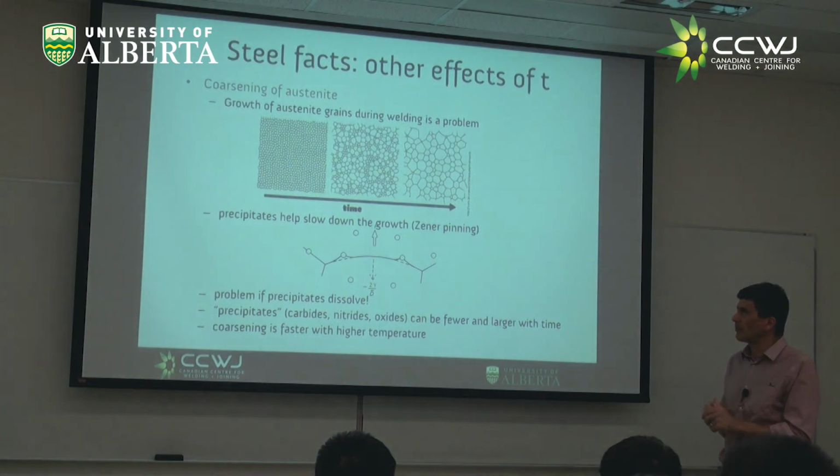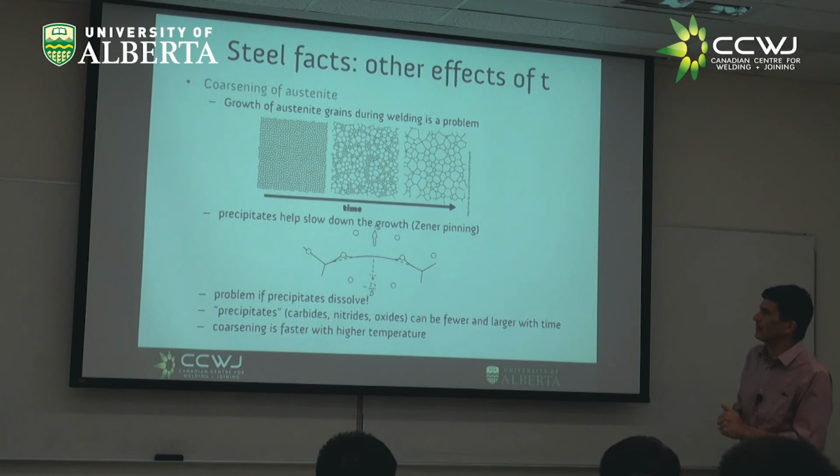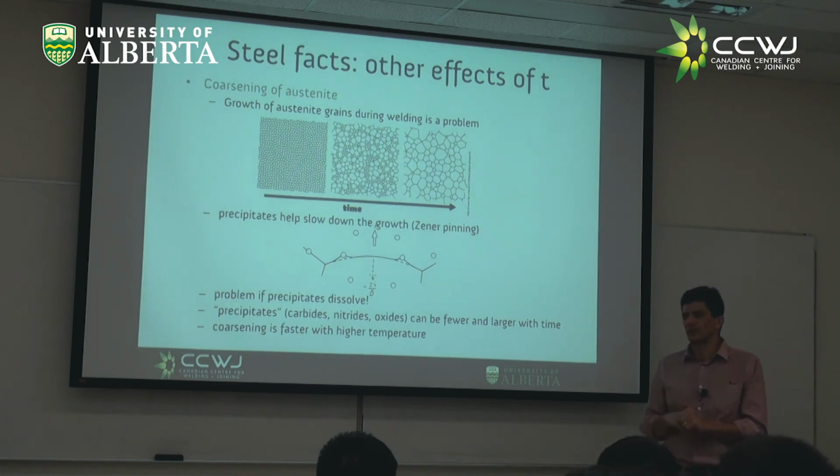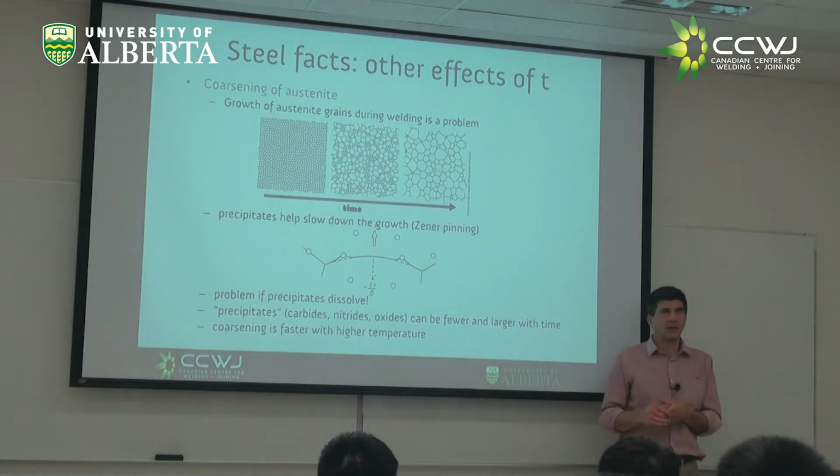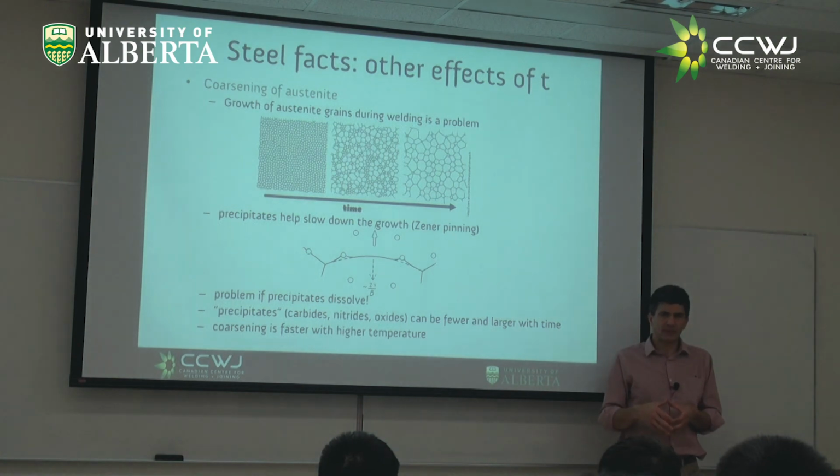The other thing that might affect you is you can prevent the coarsening of austenite when you do microalloyed steels by having things like niobium carbides or vanadium carbonitrides, as they're called, that pin the austenite grain size.